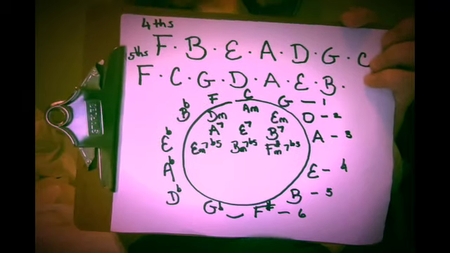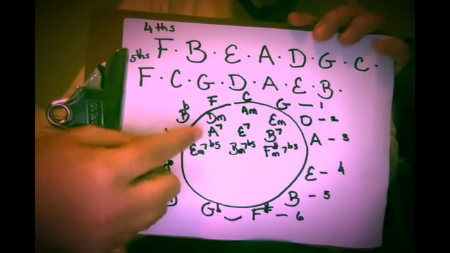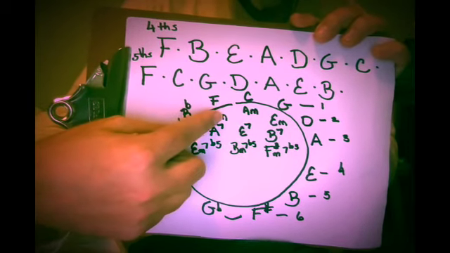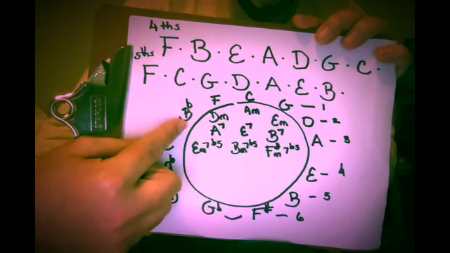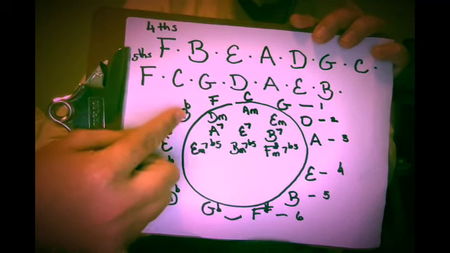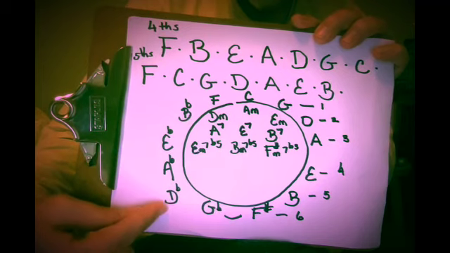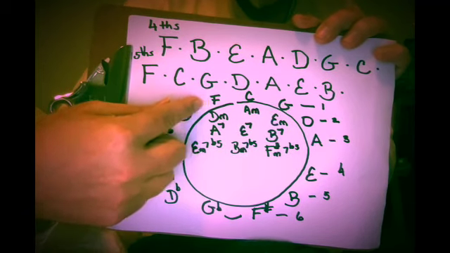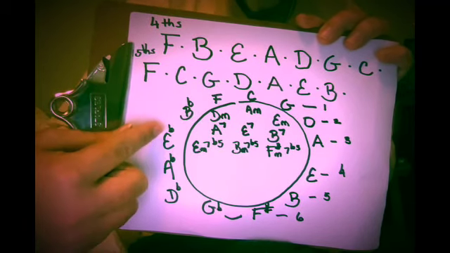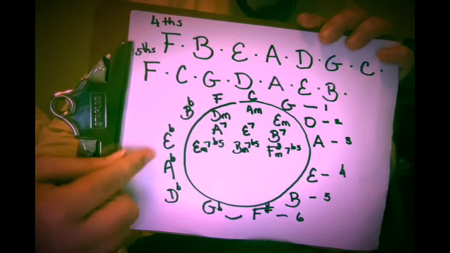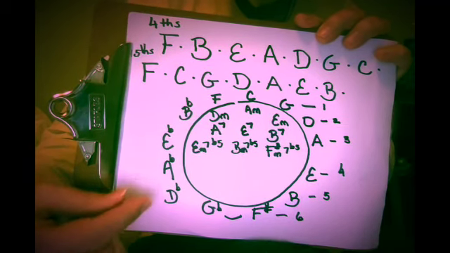And I think you can see that in the flat keys, the name of the next fifth along is also the name of the flat that's added. So for F, we add a B flat. For B flat, we add an E flat. E flat, an A flat, a D flat, etc.